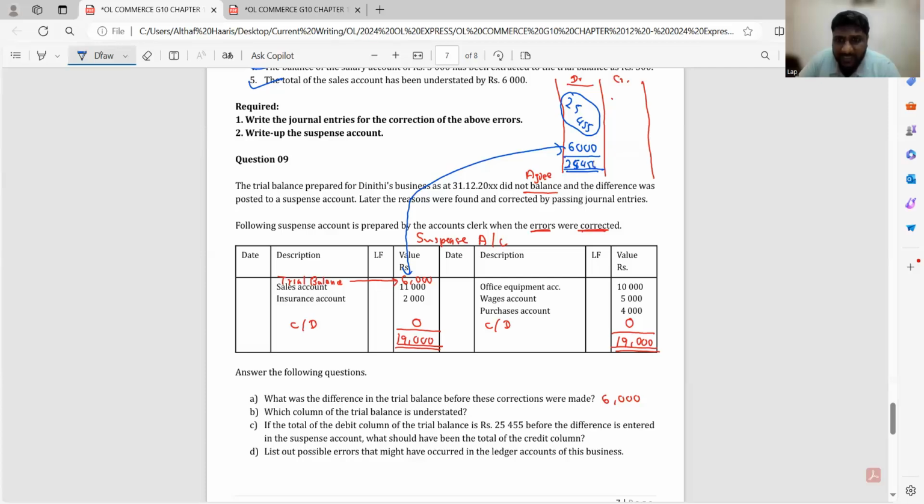Now with the 6,000, ideally it should be how much, Farha? Now here you have the 6,000 also.